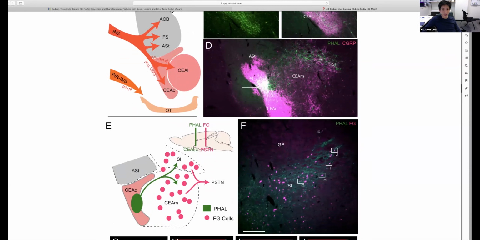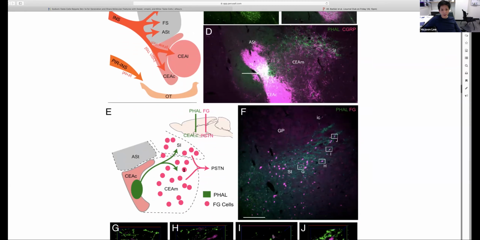And here you can see that the cell bodies that are in the CAM are sending their projections to the PSTN, right? Because they injected fluorogold, a retrograde tracer, into the PSTN, and they see staining in the CAM.